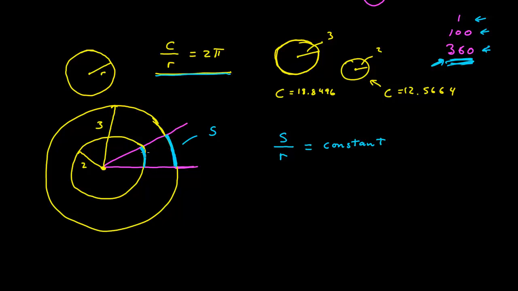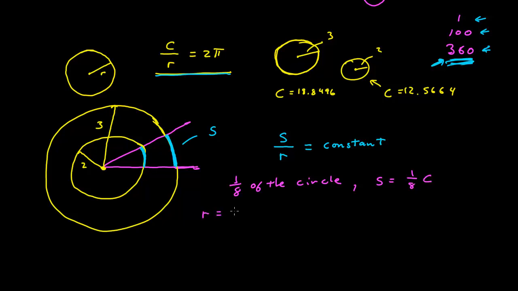If these two lines subtend, for example, 1/8 of the circle, then s will be equal to 1/8 of the circumference.